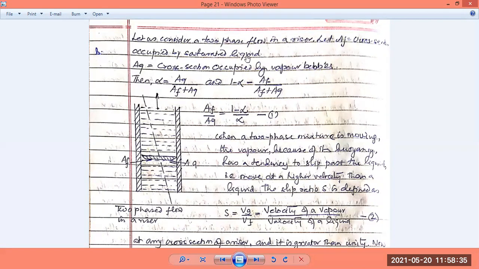That is, AF, for fluid, is the cross-section area of the saturated water, and AG, for gas, is the cross-section area occupied by the vapor bubbles.